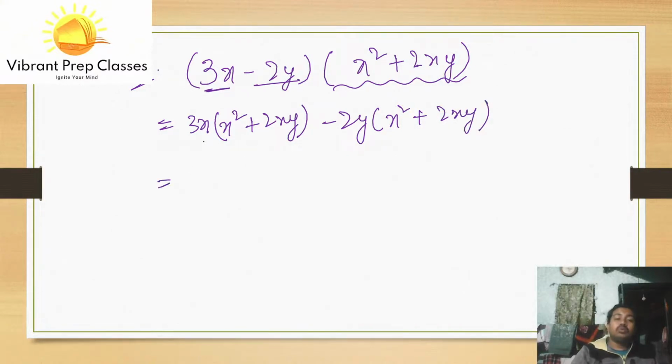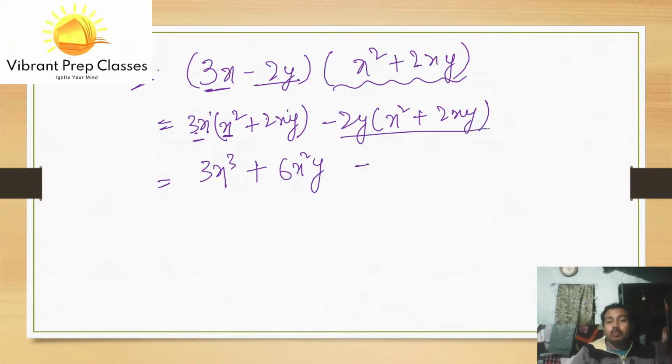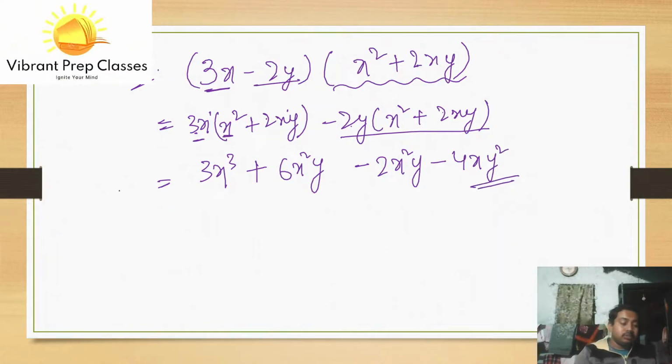So we know how to do 3x with x², 3x³ plus 3 twos are 6x²y, x1 and x1 is x²y. Then we have to multiply this. So minus 2y with x² is minus 2. First of all, try to write the x and then the y. And then minus 2 twos are 4xy². So I guess it was a very easy type of sum, is it?